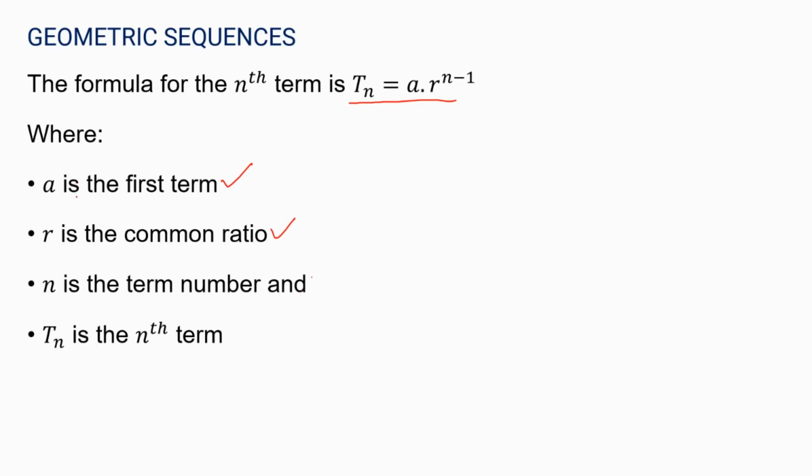A is the first term, r is common ratio, but for arithmetic sequences, remember, we talk of the common difference, we don't have common ratio. Then n is the term number, and Tn is the nth term. In the next video tutorial, we're going to look at examples.